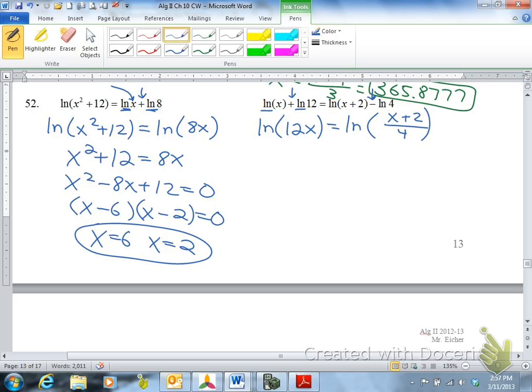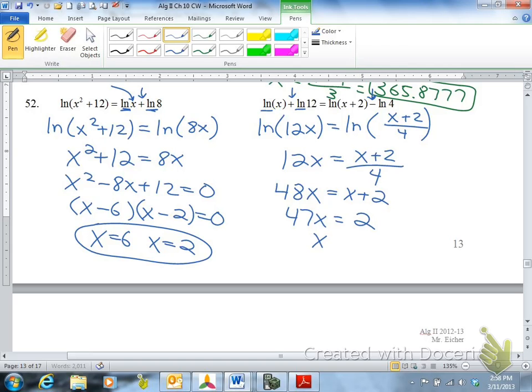And since we have an ln on both sides, we can raise it to the e, which would get rid of both ln's, so you have 12x equals x plus 2 over 4. And to solve for x, you want to get rid of the fraction, so you multiply both sides by 4. So you have 48x equals x plus 2. Subtract x. And then divide by 47. So that would be your answer, 2/47.